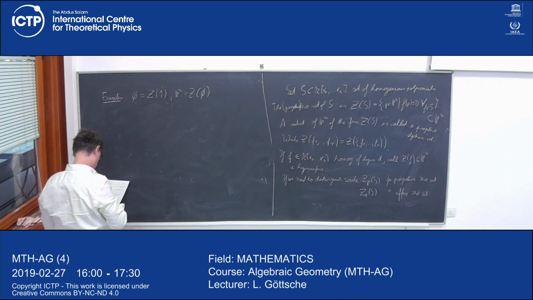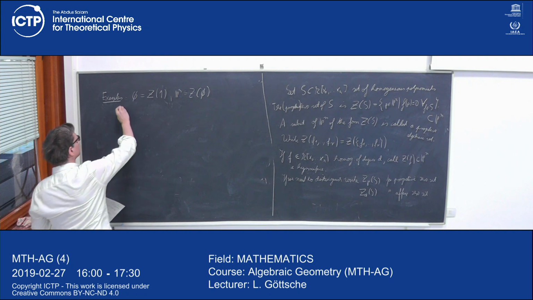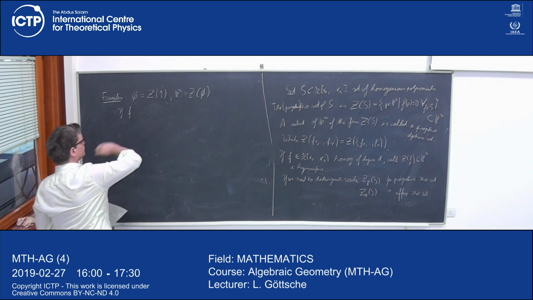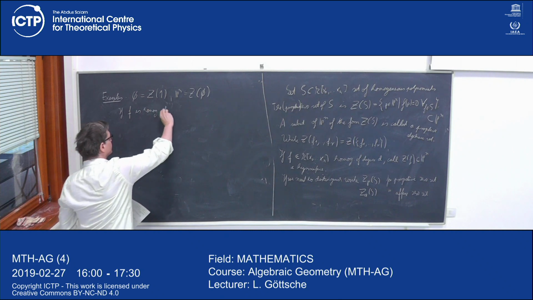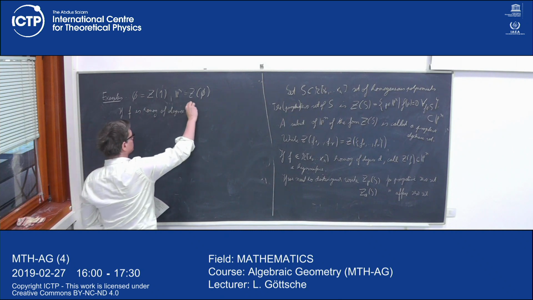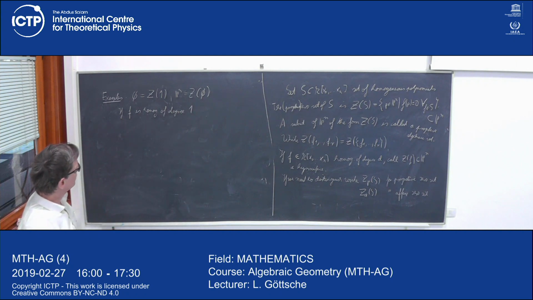And so if f is homogeneous of degree 1, we call the zero set of f a hyperplane.